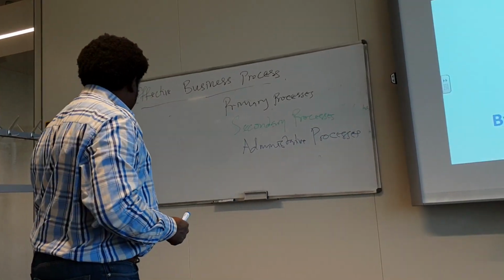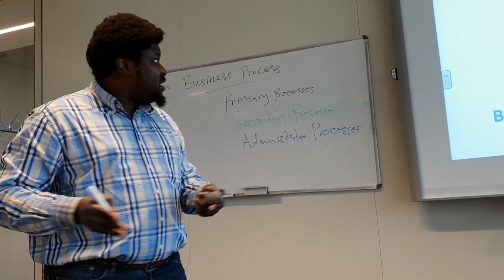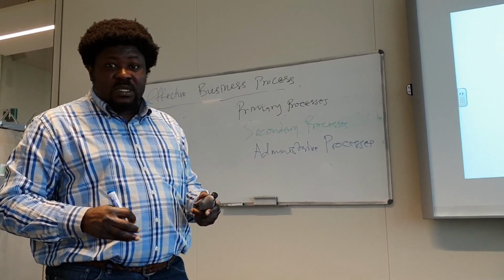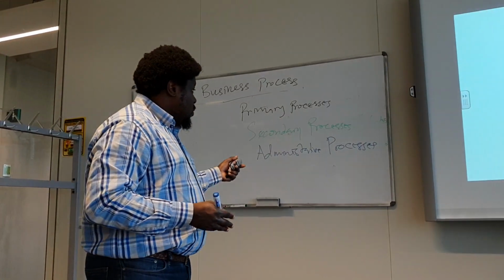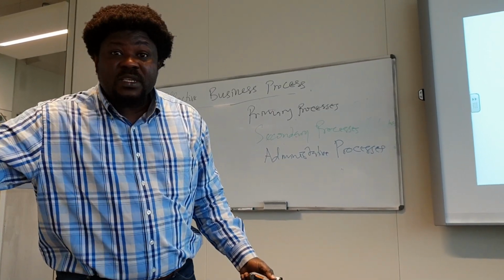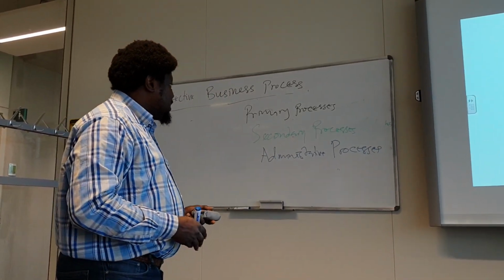And lastly, we have the administrative processes, which is a kind of process that directs both the primary processes and the secondary processes. So it could be like they want to get a new office, or they want to move the headquarters from one city to the other. That would be an example of administrative processes.